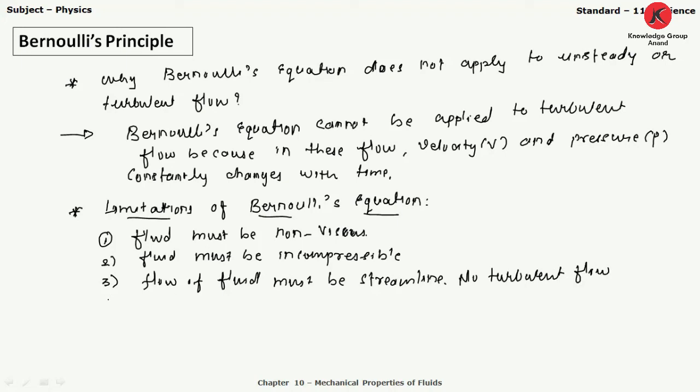And the last one, the fourth one, is the flow of fluid must be irrotational. So these are the four different limitations of Bernoulli's equation.